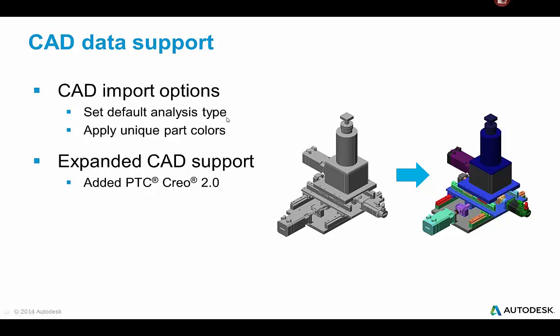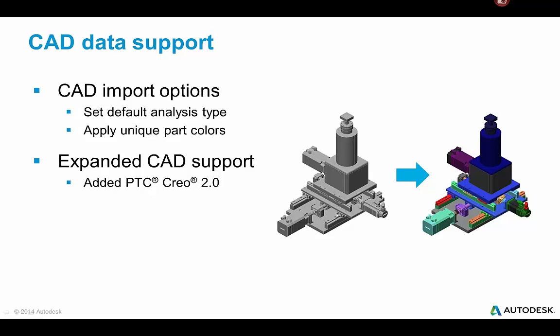The other one was a common request from our user base, which is the ability to apply unique part colors, especially for Inventor models. Whenever you're dealing with models that have the same material information, let's say everything is steel, Inventor shows everything in the same color scheme.